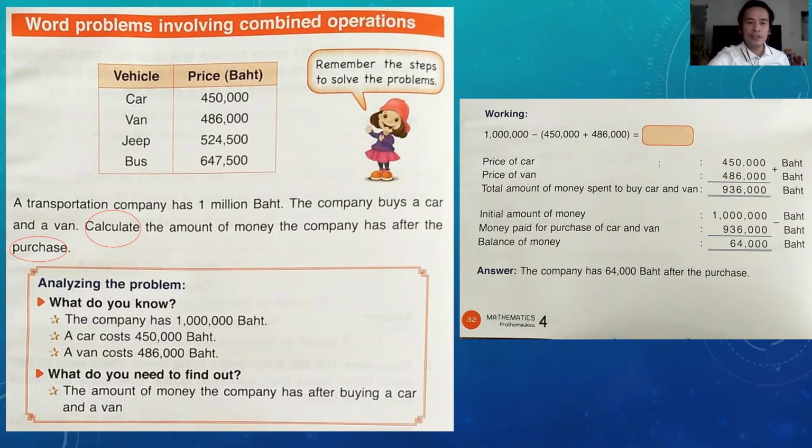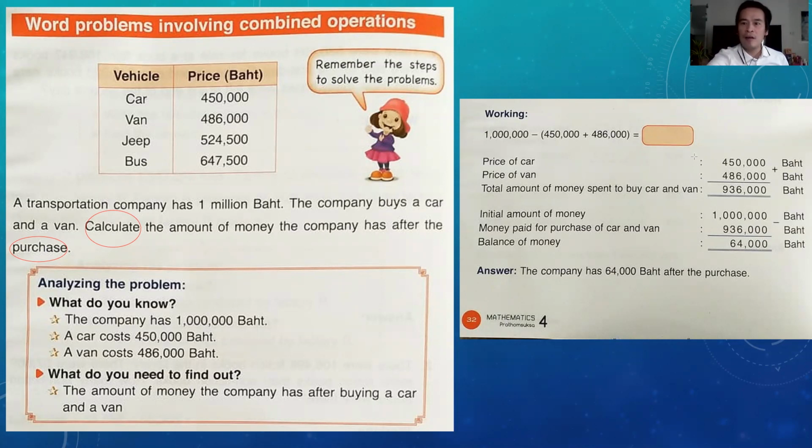Now let's proceed to our next example. Or wait, I want to remind you this. Sometimes you can use this method or way. It's not a sentence, it's not a full stop, but we are using the colon symbol or punctuation mark.